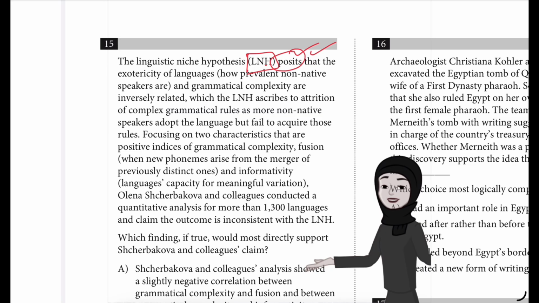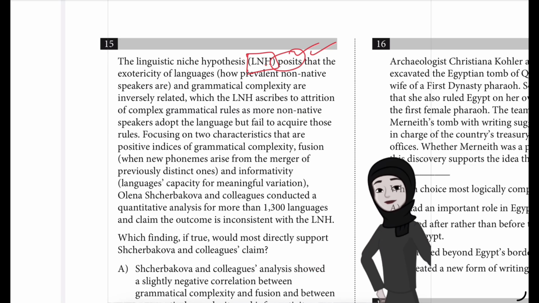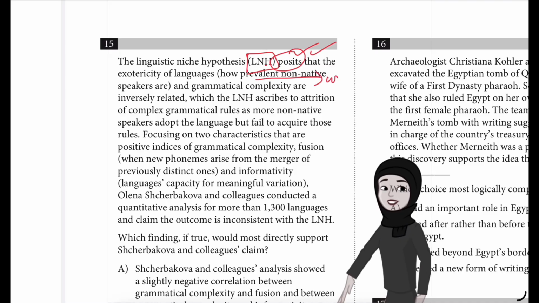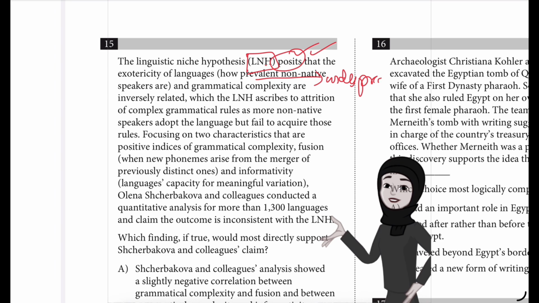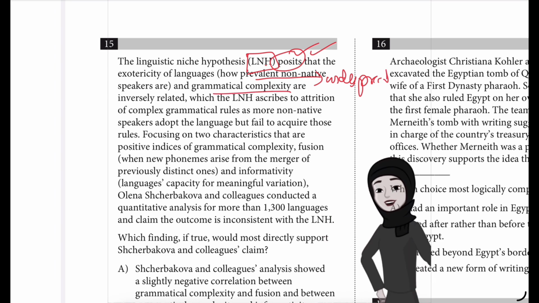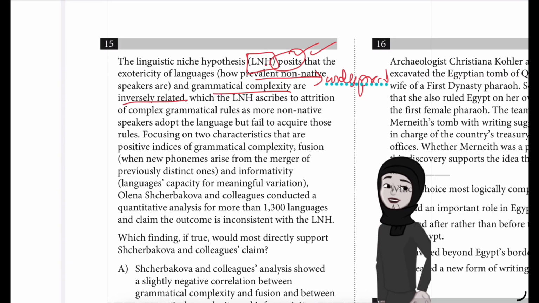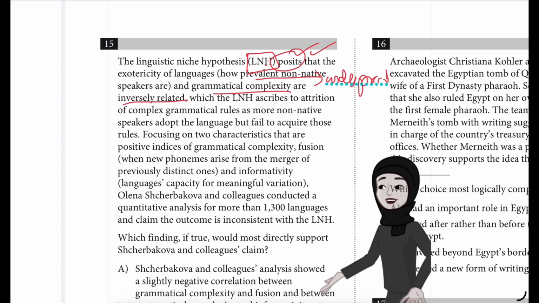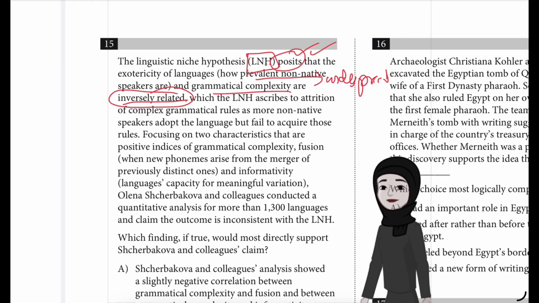So in the same way over here the LNH proposes an idea that the exotericity of languages, that means how prevalent or how widespread, and grammatical complexity are inversely related. That means that if the grammatical complexity of the language is too much, then it will not be that widespread, because it's mentioned that they are inversely related.